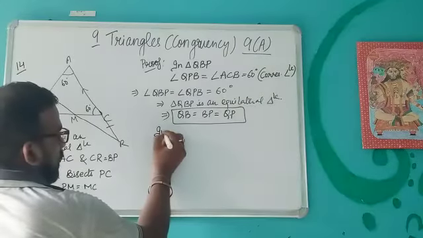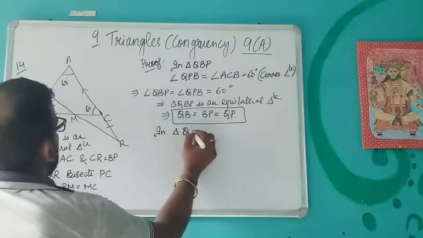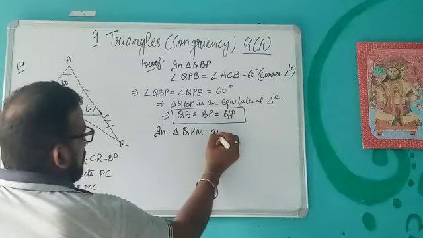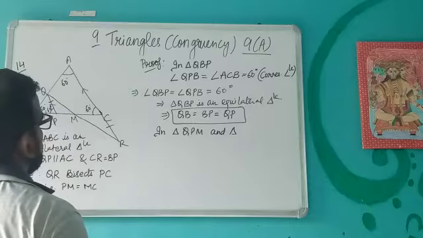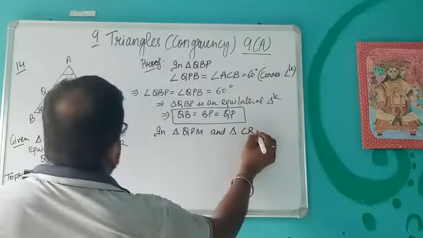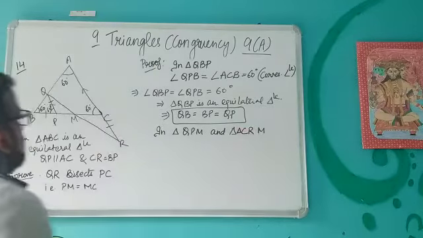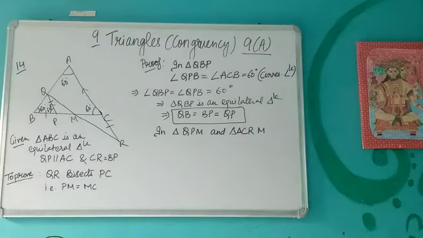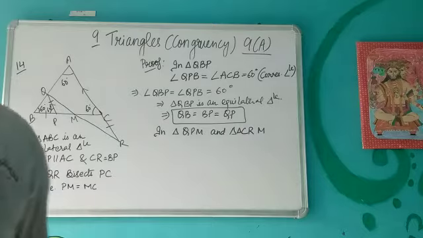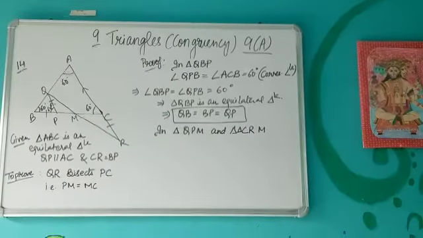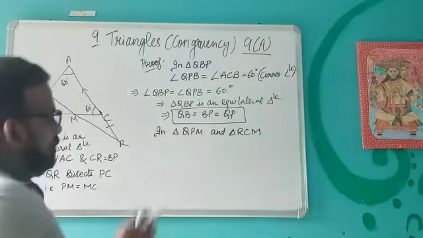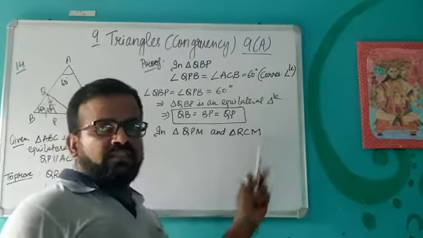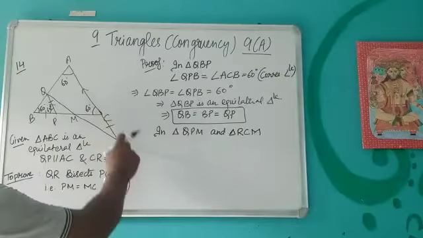Now we will prove by taking triangle QPM and triangle RCM. In triangle QPM and triangle RCM, we will take RCM, not CRM.